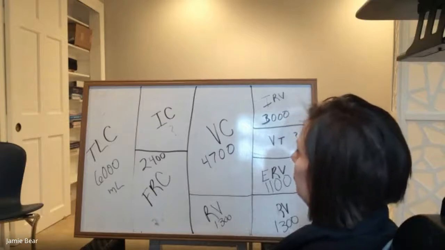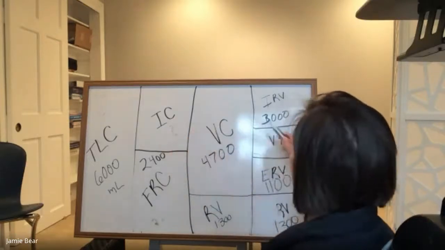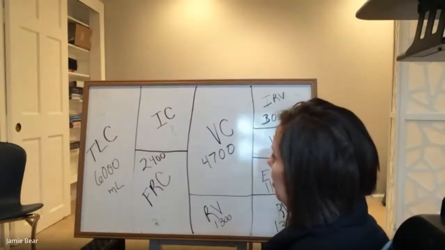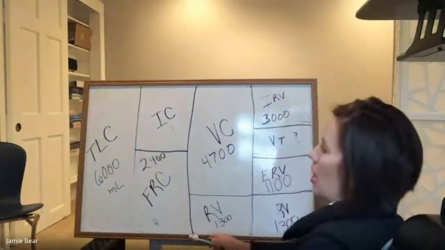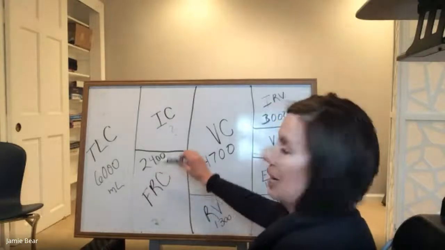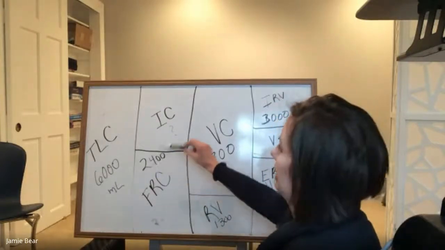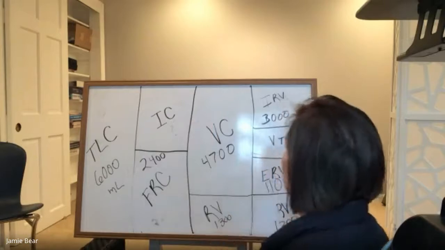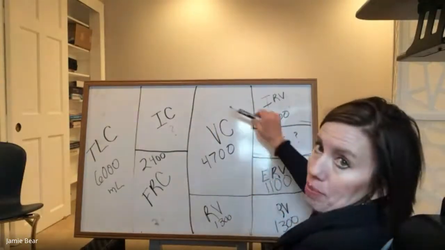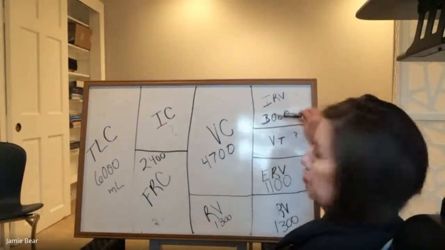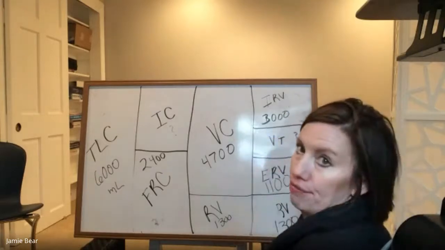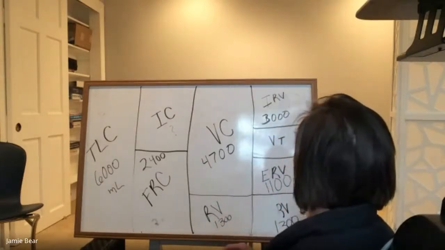So the only things I have left are inspiratory capacity and tidal volume. And I already see a couple of ways I can solve for that. If I subtracted my total lung capacity minus my functional residual capacity, I could find my inspiratory capacity. Or another way is to look at my vital capacity. Since I already have 2 volumes of the vital capacity, I could add those and then subtract that from vital capacity. So I could do either one, okay?